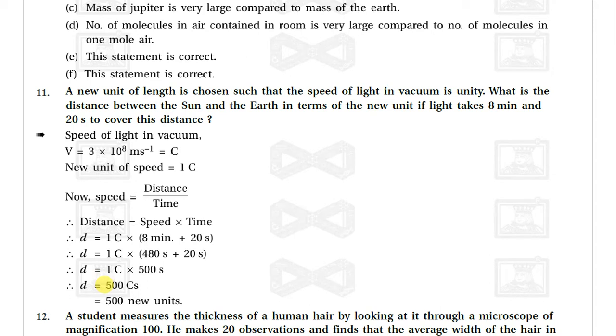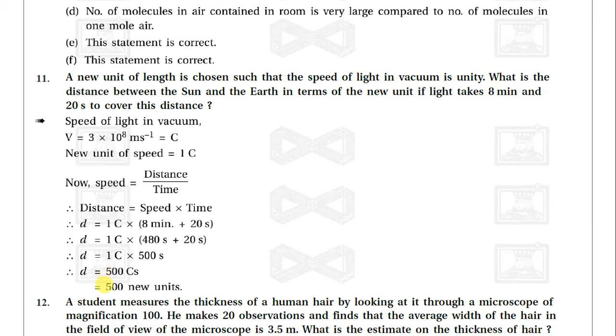So d is equal to 1 c into 8 minutes plus 20 seconds. 8 minutes means 8 times 60, 480 seconds, plus 20 seconds. So we will get 1 c into 500 seconds. So the new unit is 500 multiplied by the new unit system. Okay, we can derive the unit system of these things.